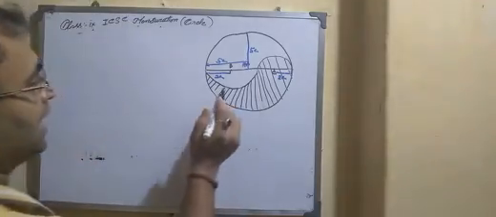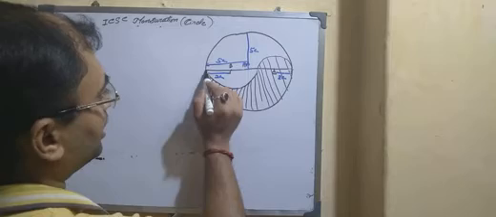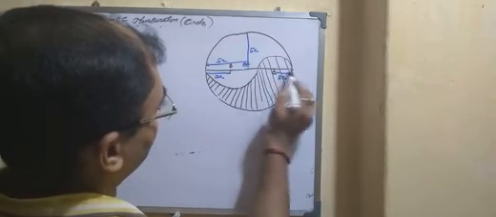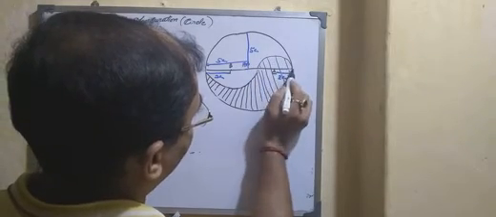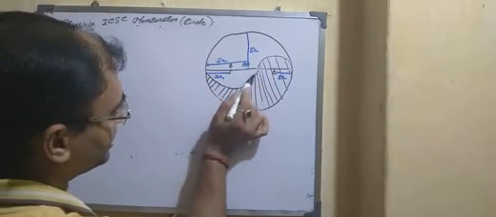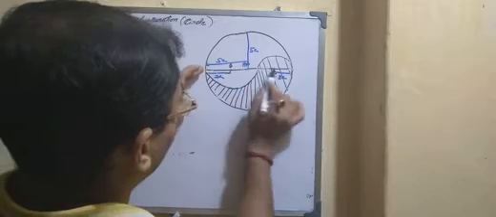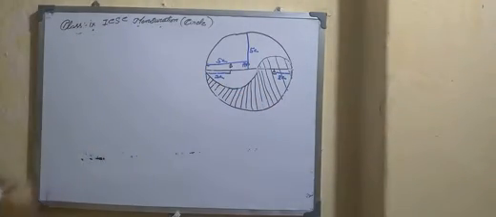And then in this shaded portion, this part is added. That means the area of this semicircle will be added and this area of the semicircle will be subtracted from the total semicircle.